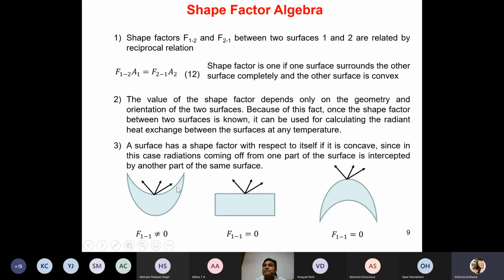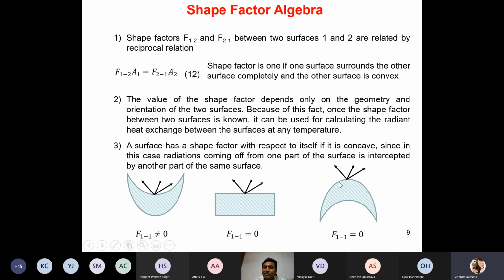But that possibility is ruled out when we have a flat surface or a convex surface. Whatever radiation is emitted at any part will not be intercepted by the surface at some other location.